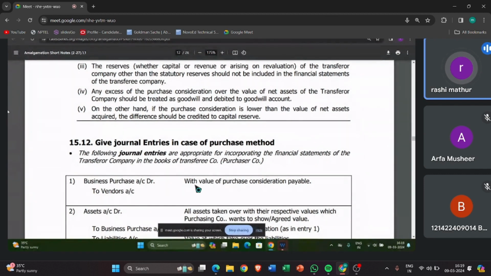So for the amalgamation chapter, you are going to learn only how to prepare realization account. Problems related to preparation of realization account are enough for your second internal.